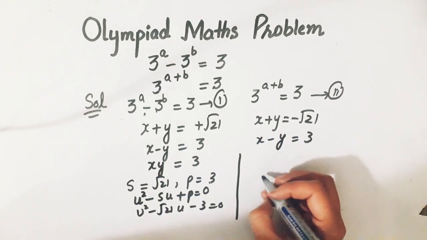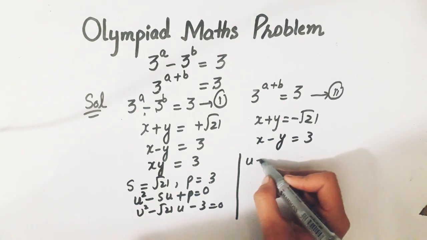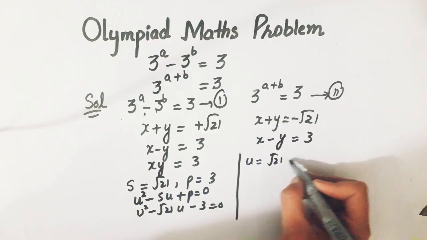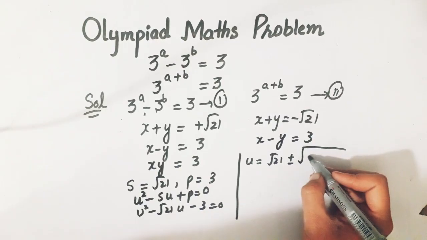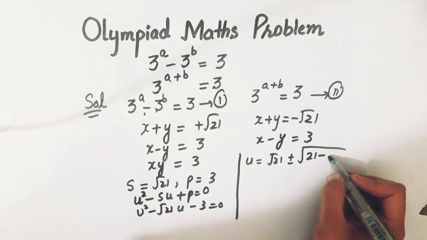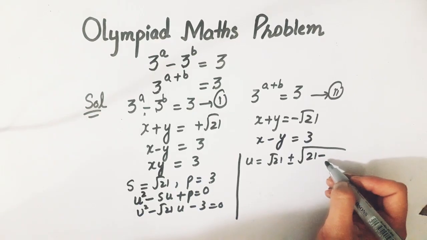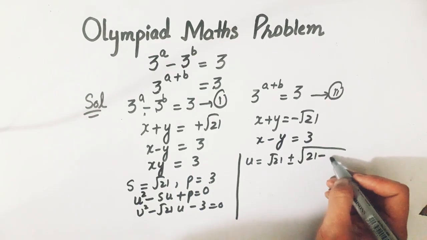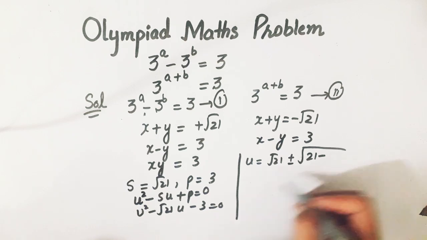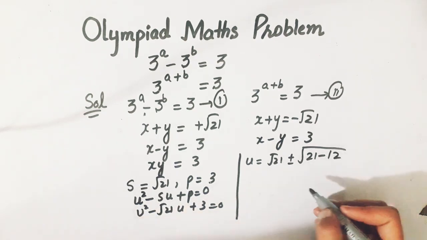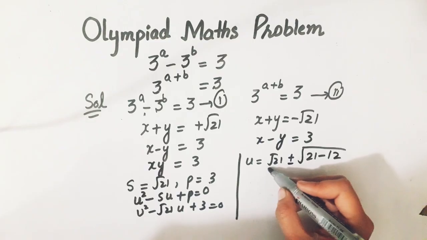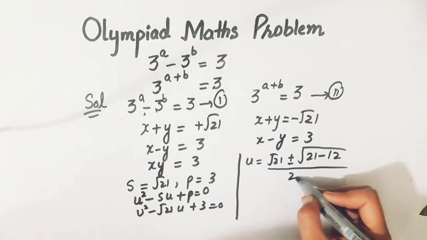Now apply the quadratic formula: u equals root 21 plus or minus the square root of 21 minus 4ac, meaning 4 into 1 into 3, so 21 minus 12, that will be 9, divided by 2a, so 2.